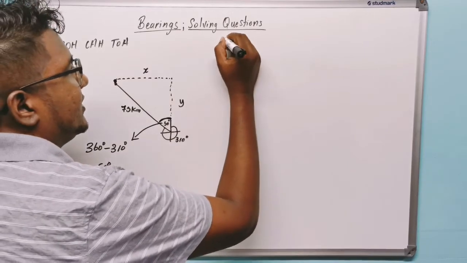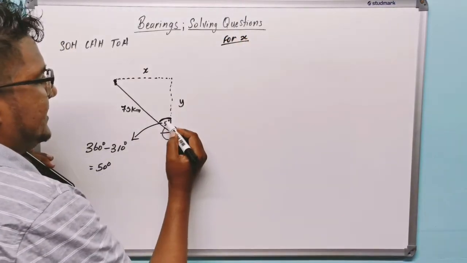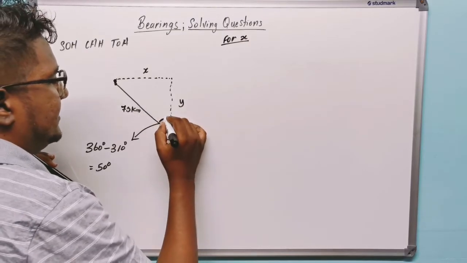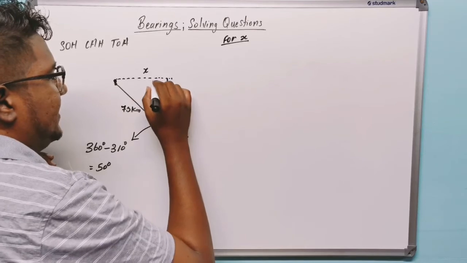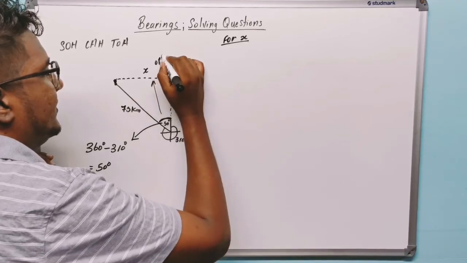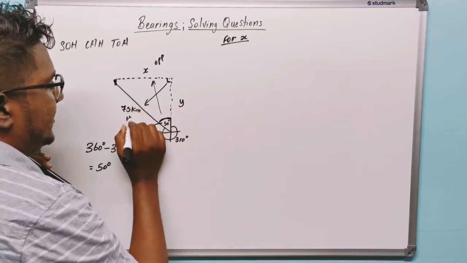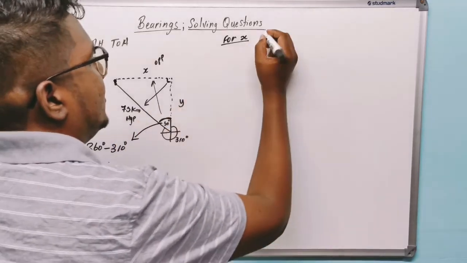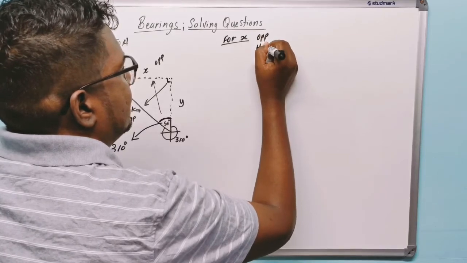So the first one we're going to work on is x. If I'm standing here and I'm trying to find x, remember our 90-degree angle is here. This becomes my opposite side, and this is the hypotenuse, right? So opposite and hypotenuse.